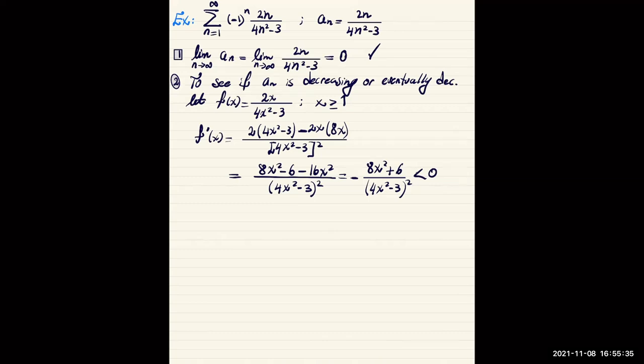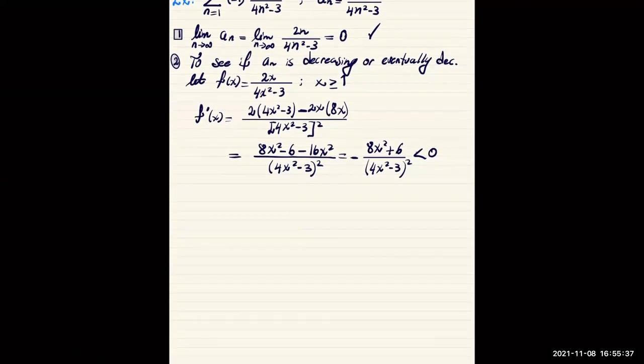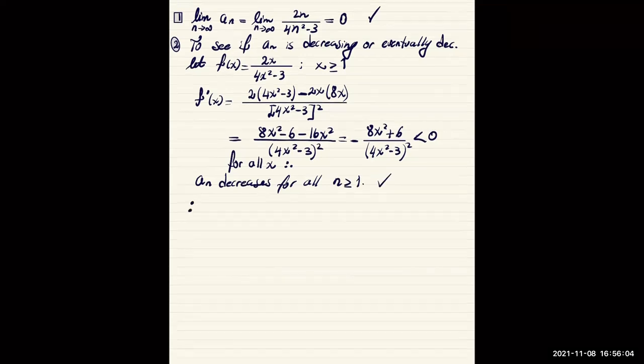Therefore, a sub n decreases for all n greater than or equal to 1. It's not even eventually decreasing, it's always decreasing. And that's it. We check the second requirement. So the series is convergent.